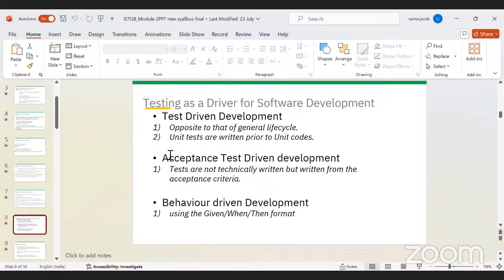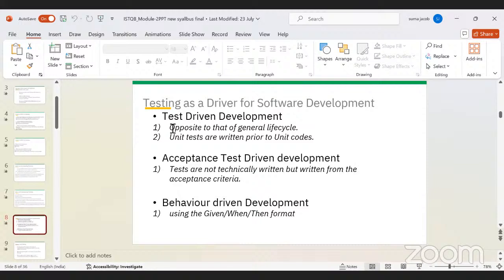So the first one is test driven development. In all of these approaches, tests are defined before the code is actually written, shifting something to the left-hand side of the life cycle which was earlier happening towards the right.